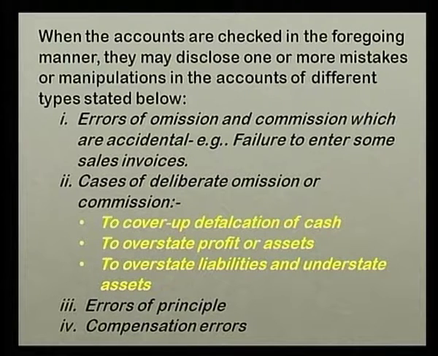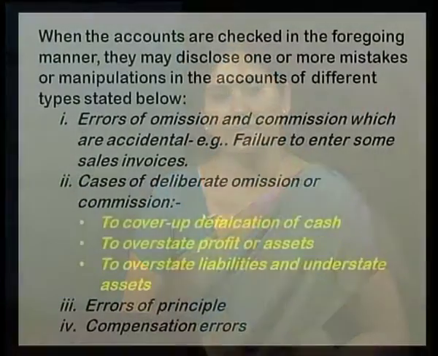The second one is the case of deliberate omission or commission. Such mistakes are done deliberately with an intention to cover up the defalcation of cash, to overstate the profit or the assets, or to overstate the liabilities and understate the assets. Now, these have different repercussions or effects on the accounts.